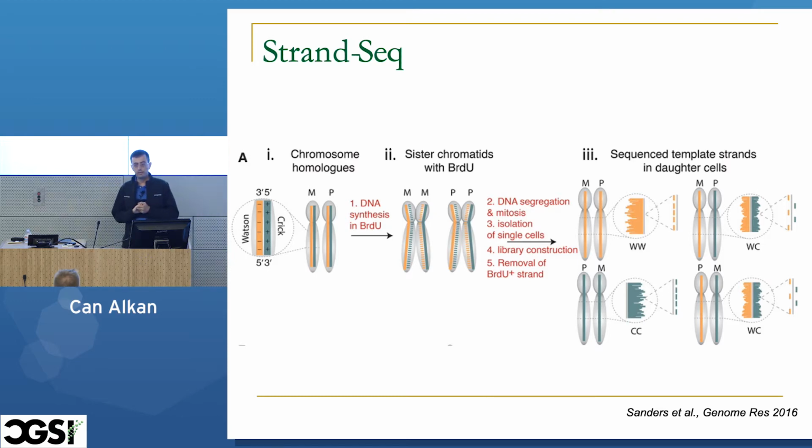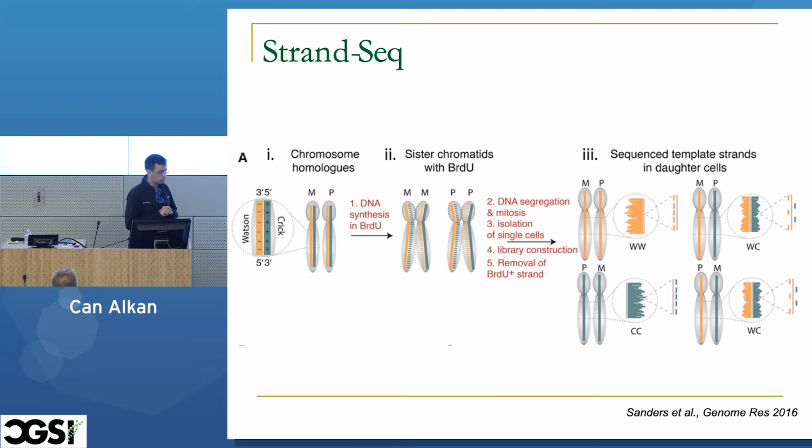What you do is you basically start with those chromosomes, and then you label them with something called BrdU. I cannot even pronounce the full name of that thing. Basically, what it does is you can mark the Watson strand and the Crick strand. Then when you let those cells go through mitosis, you are going to have some cells labeled and some cells not labeled, and then you can separate them.